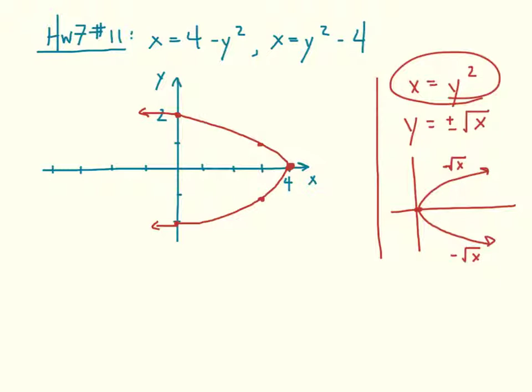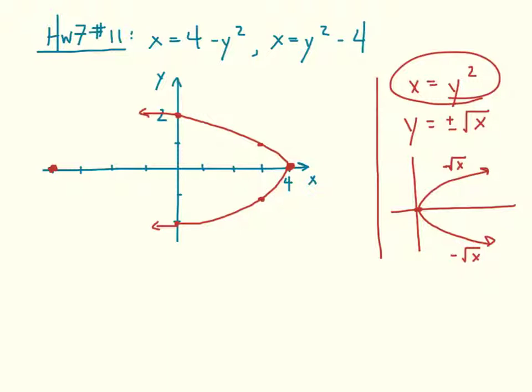All right, now how about y squared minus 4? There's no minus sign in front of the y squared, so it's going to be oriented like this one. But now we're subtracting 4. So instead of shifting 2 units down, like when we're dealing with things in terms of x, we're going to shift our graph 4 units to the left. So we're going to start at minus 4, and then plug in a couple of y values and see what happens.